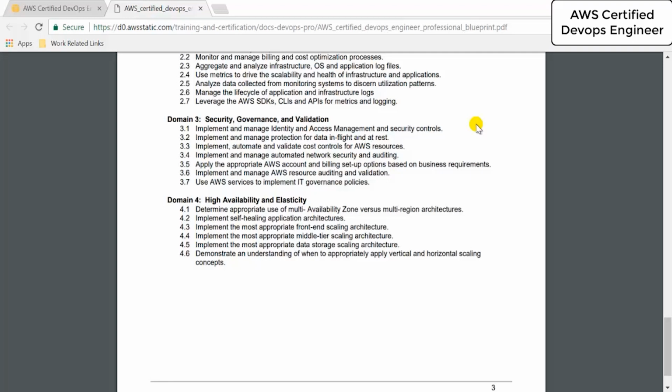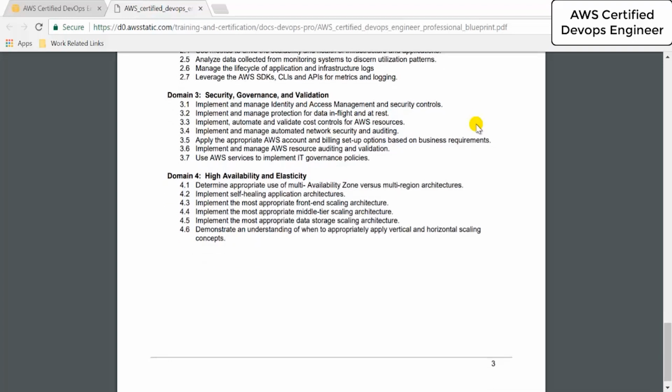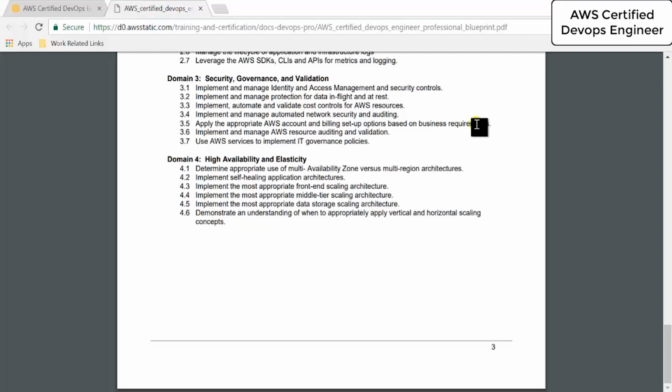So all these things need to be focused on in the high availability and elasticity domain. Next is to demonstrate an understanding of when to apply vertical and horizontal scaling concepts. Pondering upon these things will be of great help in cracking the exam.